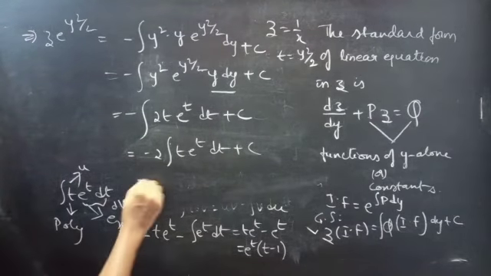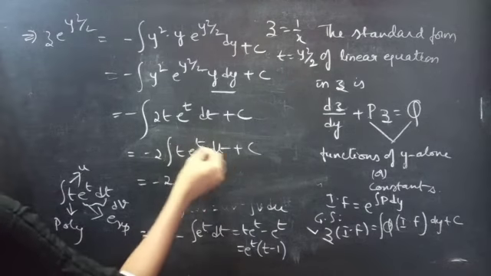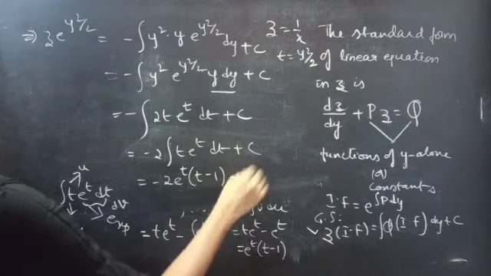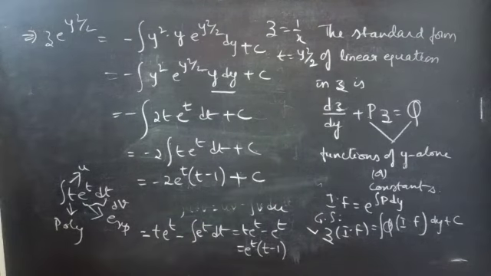This equals minus 2 into, integral t e power t dt is e power t times t minus 1, plus the integration constant c.